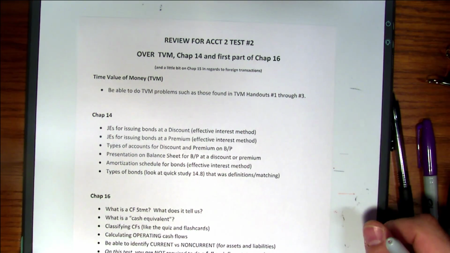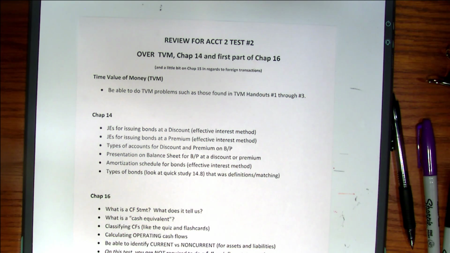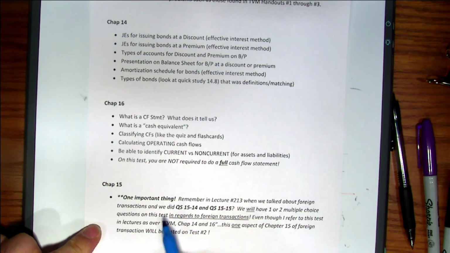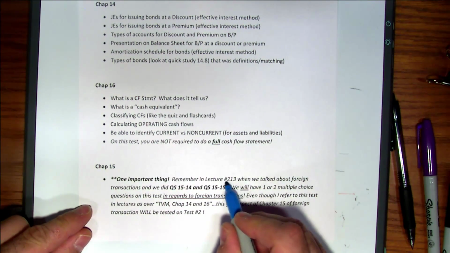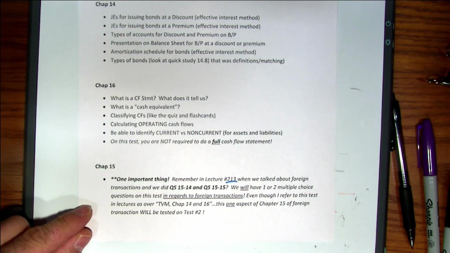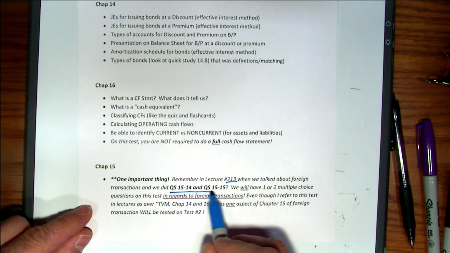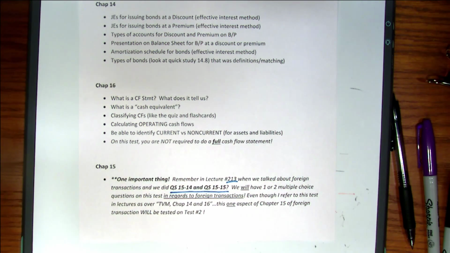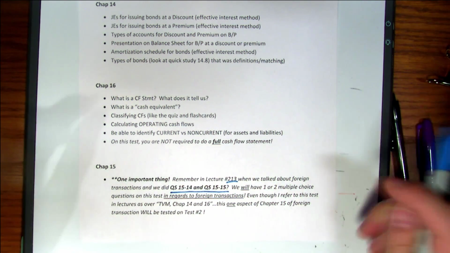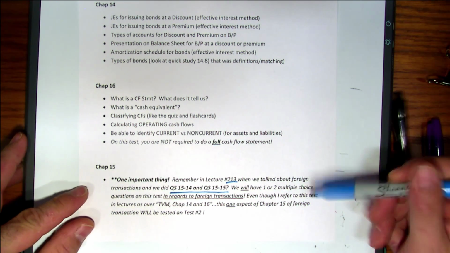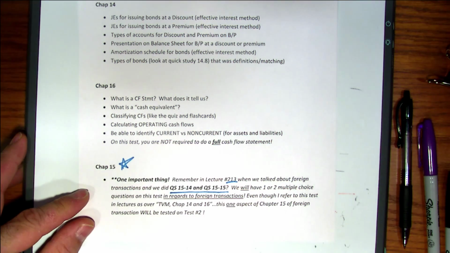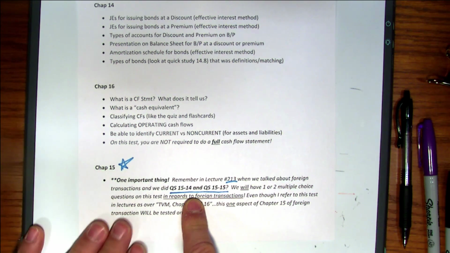One thing I neglected to point out is, do you remember back in lecture 213, we did just a little bit of discussion about foreign exchange transactions, and we did quick study 15.14 and 15.15. I will have a multiple choice question or two on the test about that. I think I forgot to mention that last period. So make sure that you note that. That will be tested real briefly on the test.